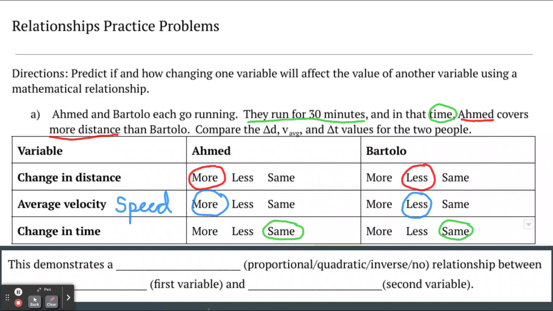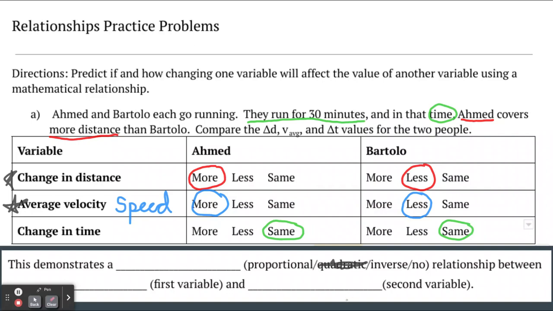When you're thinking about which variables, you should think about the two that are different. We don't care about the time, that is the constant. I know we haven't talked about that, but what we care about is distance and velocity. There's another thing here in your notes. I'd like for you to go ahead and cross out quadratic in your notes for all of these practice problems.